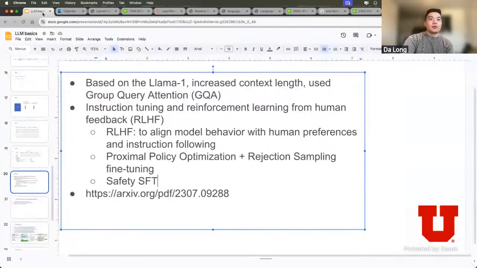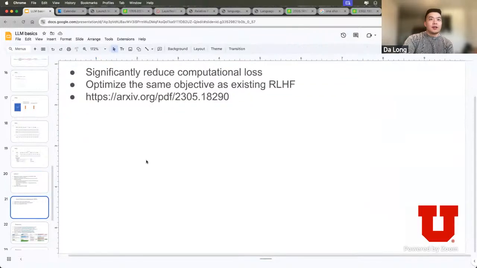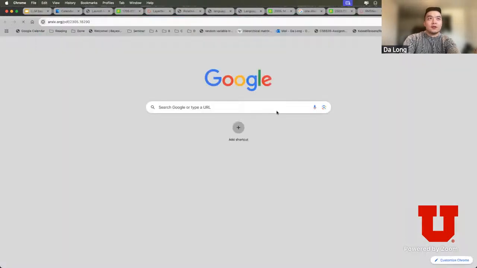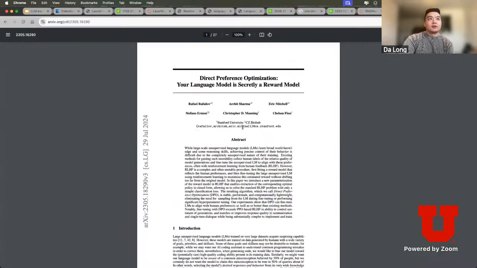Okay, so this is Llama 2. And then actually there is another proposed reinforcement learning method for large language models called Direct Preference Optimization. It's a 2024 paper.